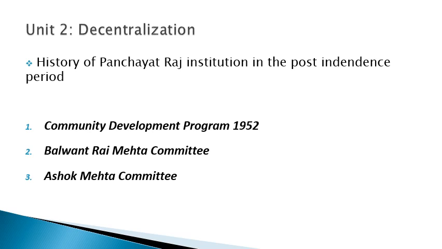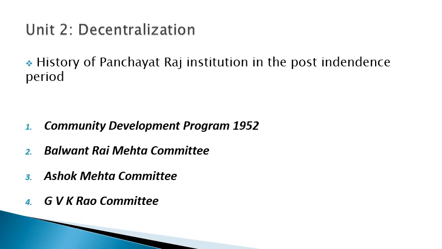Some recommendations of the Ashok Mehta committee came into existence and practice, but due to the collapse of that Janata government, it collapsed, and some recommendations were left out. So this was the Ashok Mehta committee, students.